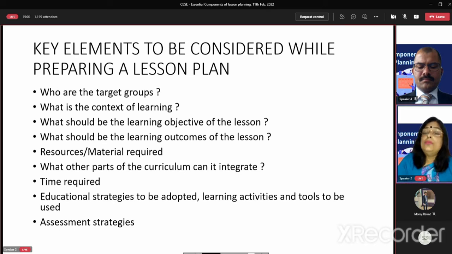Now, the key elements to be considered while preparing a lesson plan. Sometimes, because of a stressful life or overburden, we take it as a duty: okay, I've been asked to prepare a lesson plan, so whatever I do, I do without thinking, without analyzing, or without demonstrating.